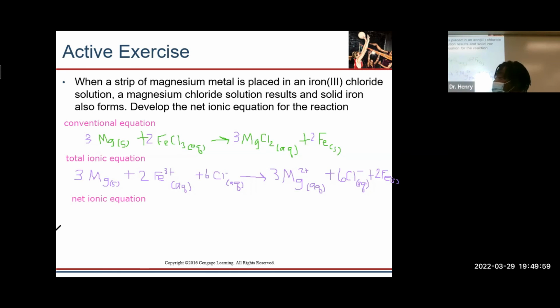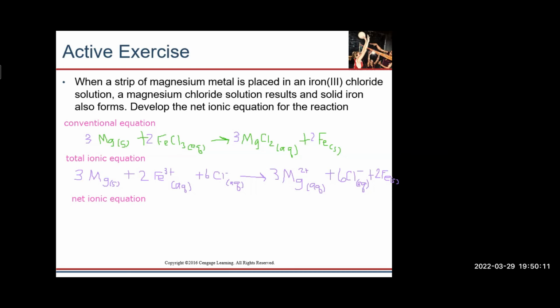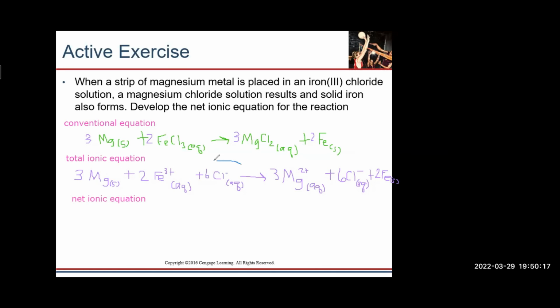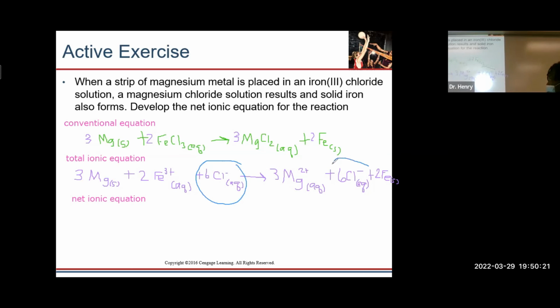Okay. So my next question is, who are my spectators and why? Chlorine. You said the chloride ions. Okay, so the chloride ions are the spectators.